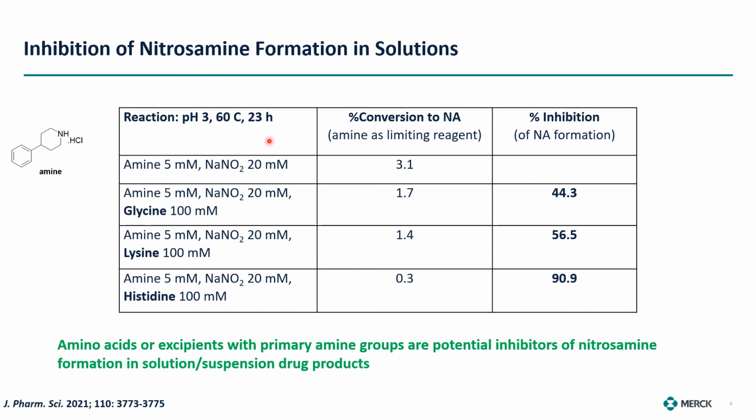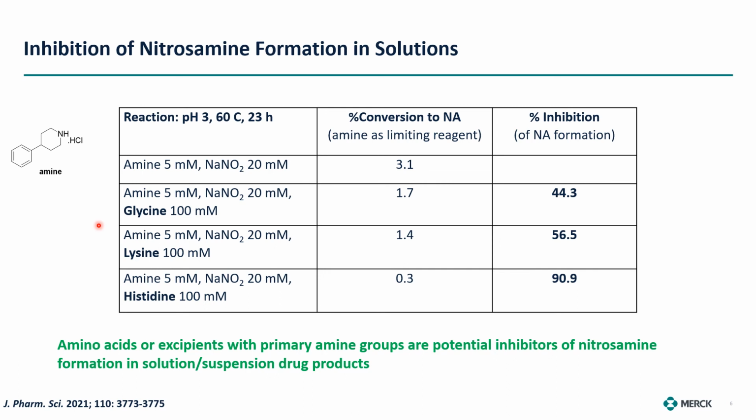This is a very optimal reaction condition to form nitrosamine. And in this case, what we used as inhibitors are these 3 amino acids: glycine, lysine, and histidine. And all these 3 amino acids, being amino acids, had a free NH2 primary amine group present in them.